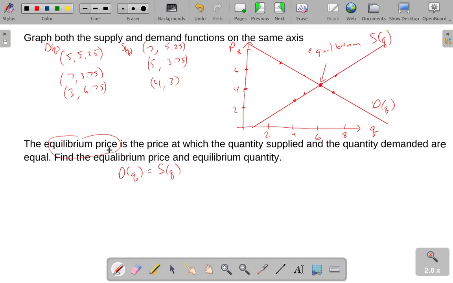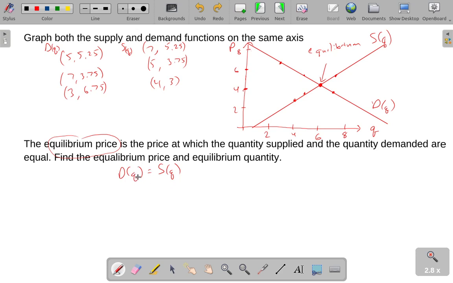I'm starting out with the equilibrium price, though, because I want to figure out one of the variables first. This is the demand price, and this is the supply price. Of course, the prices are the same, but it's the equilibrium price.